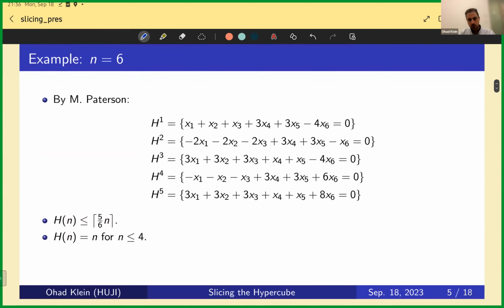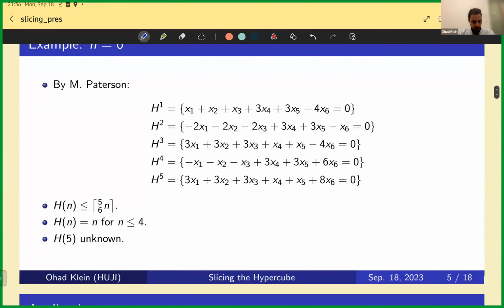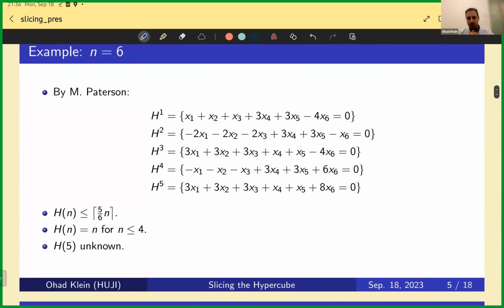We do have that h of n equals n for small n, and h of 5 is not known in fact. This problem was raised in the 70s, and not much was known beyond this.